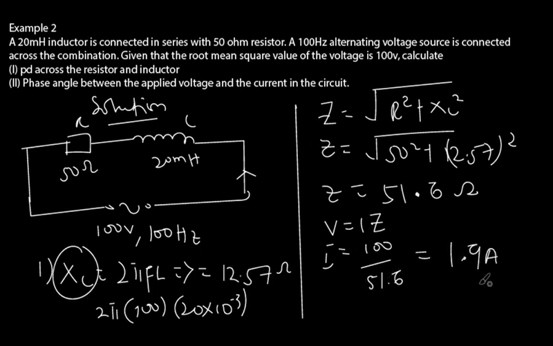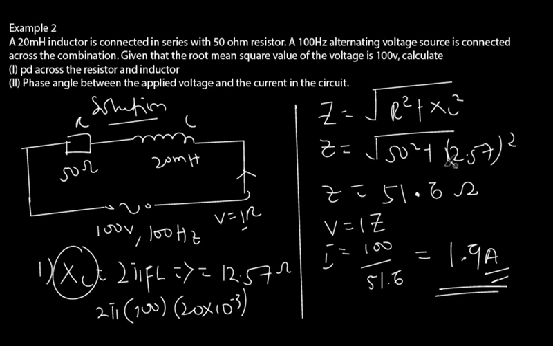So this is the value of our current in this example. Now remember, the question is asking us to find the potential difference across the resistor and then the inductor. But before we can find the potential difference, which is the voltage equal to IR, we need to find the current.